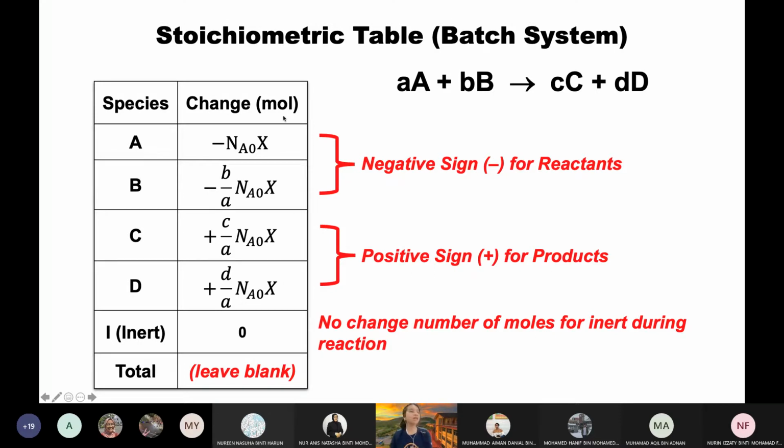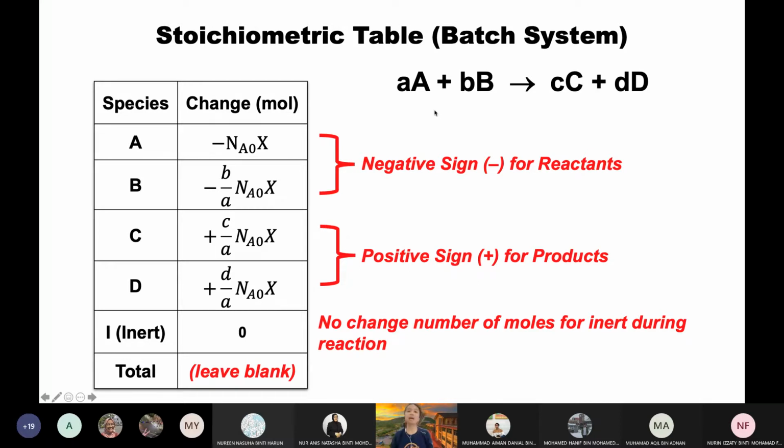So add one more thing. What is B per A? B per A is the stoichiometric coefficient in your chemical equation. B is the number in front of species B in the chemical equation. A is the number in front of species A in the chemical equation. So you have to look back at the chemical equation. What is B per A? So, for example, let's say the reaction is 1A with 2B.